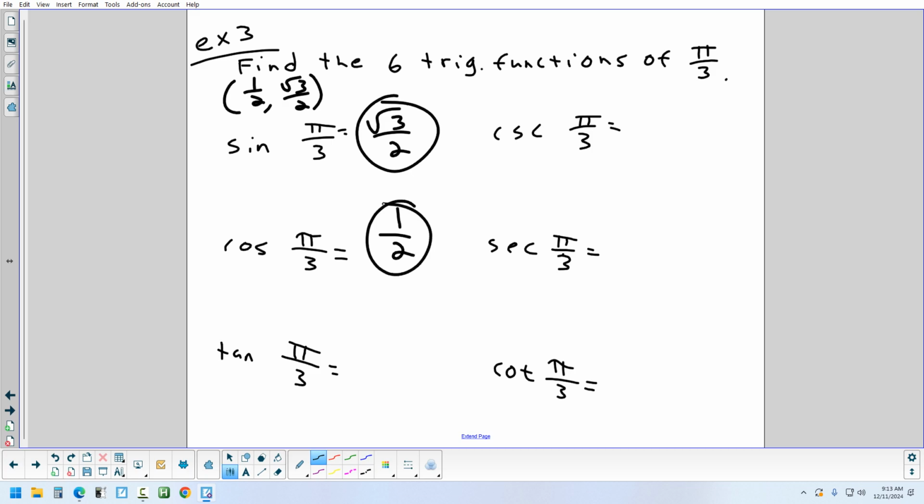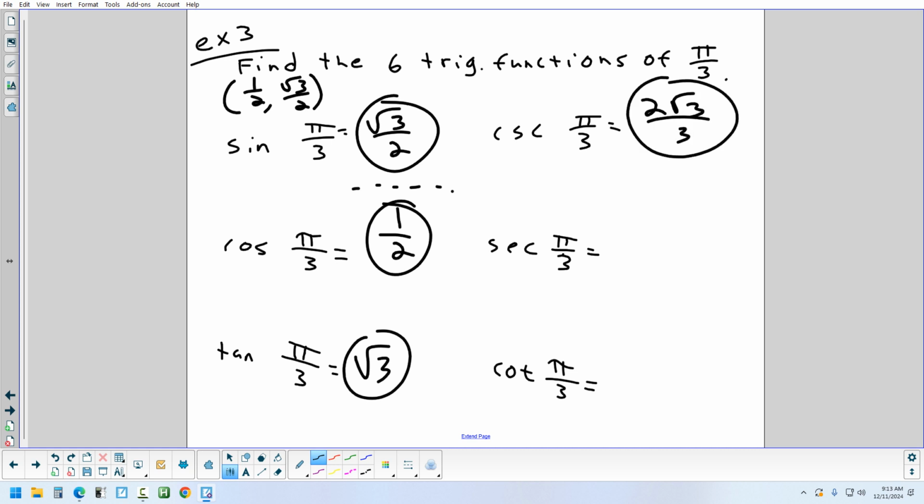Okay, my tangent? Again, just imagine putting a division line right there and dividing what you have left. Well, Nick? Yep, the 2's are going to cancel and you're left with just root 3. And now, just flip them all. So 2 root 3 over 3, 2. And what do you get when you flip root 3? Root 3 over 3. Yes. Okay. So that's your 6 trig functions of 60.